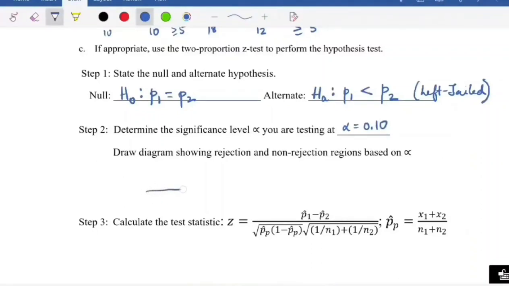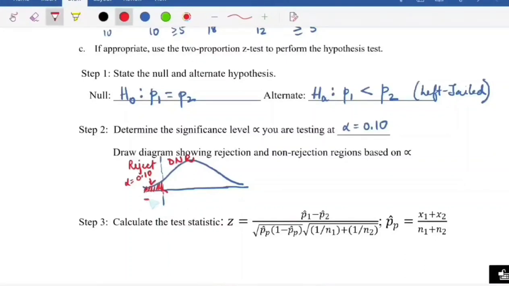Let's quickly draw a diagram showing the rejection and do not rejection regions. So reject region is going to be to the left, being a left tail test. The other side is DNR, and this area under the curve corresponding to the reject region is 0.10. So we need to find a z value.